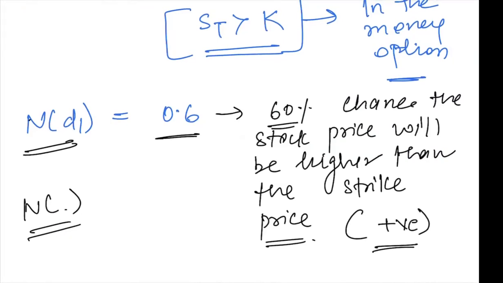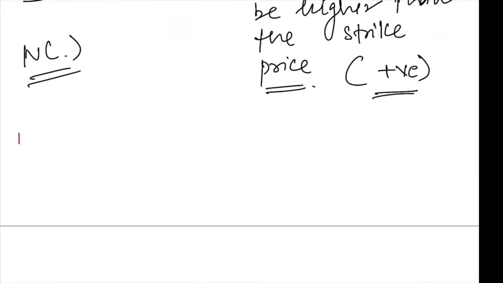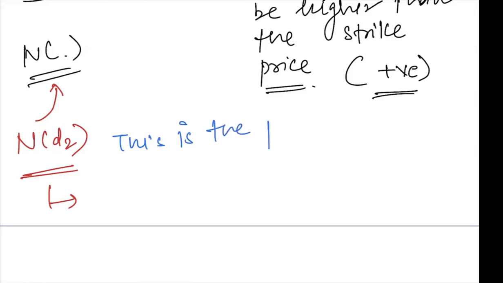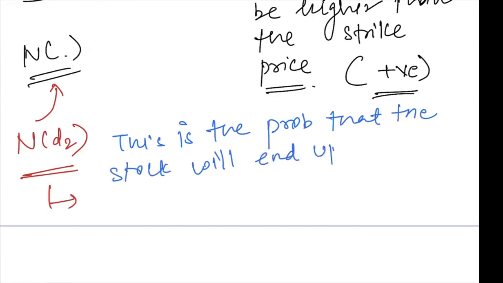Okay, so now the term ND2, right? What is ND2? Again, as we know, this same N is a probability. So what's the probability? It's the probability that the stock price will end up being above the strike price. So ND2 is nothing but the probability that the stock price will end up being above the strike price.